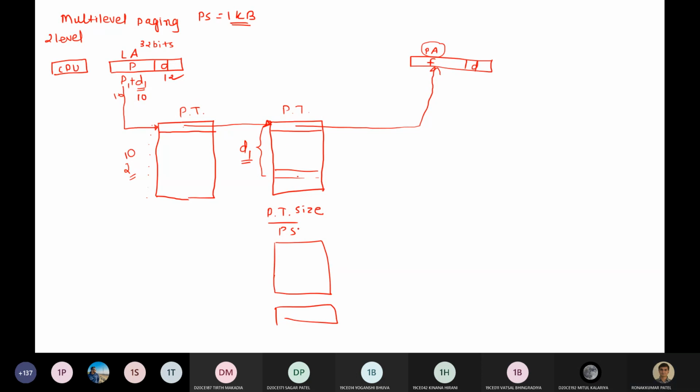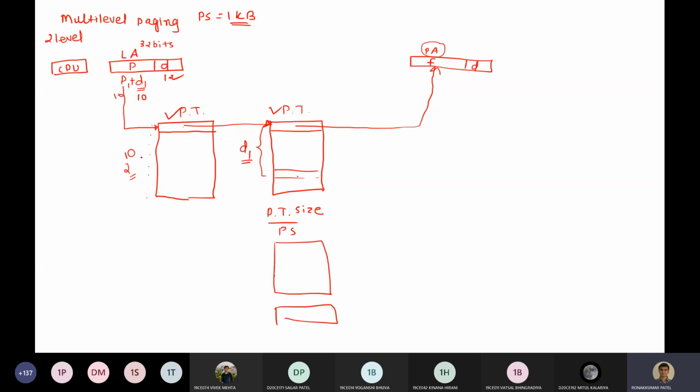Is it so? No, sir, that's a specific one. Right, so what I will do, it will load this first page table, and then from these 2^10 page tables, it will load a specific page table which is required. Suppose I require this page table. So this page table and this page table will be loaded. These two page tables will be loaded, and you can see 2^10 entries here, and here also 2^10 entries are there, because D1 is 10 bits.